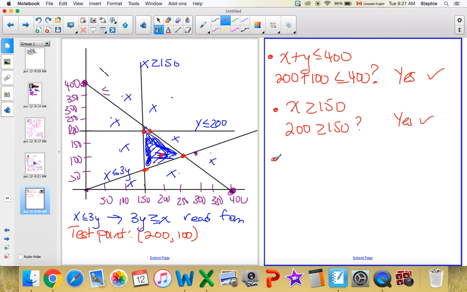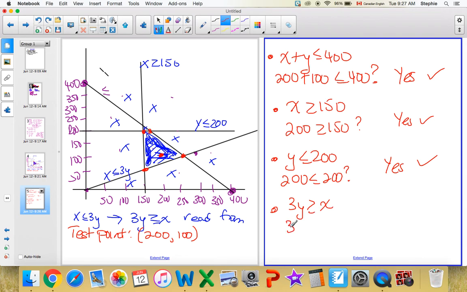Check. Third, we're going to take the other equation, which is y is less than or equal to 200. So we're going to plug in the y. Is 200 less than or equal to 200? Yes, it is. So far, so good. And then the last one is 3y is bigger than x.